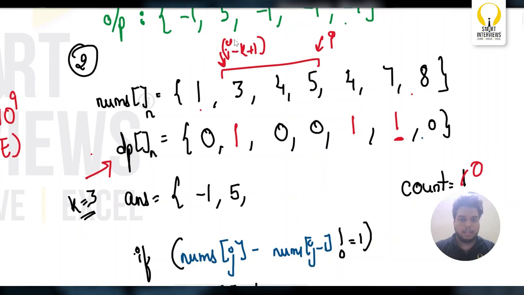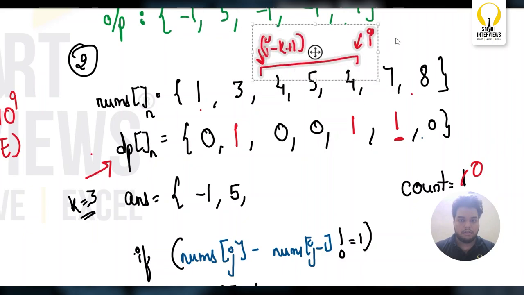Now, when I go to the other subarray, do I have 1 here? No. So no decrement. Do I have 1 in the incoming element? Yes. So increment the count. Now at this point, my count is not equal to 0. That means it's invalid.